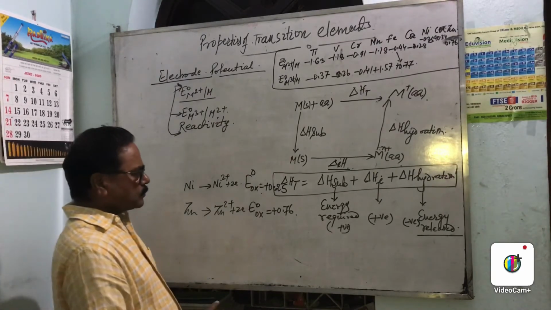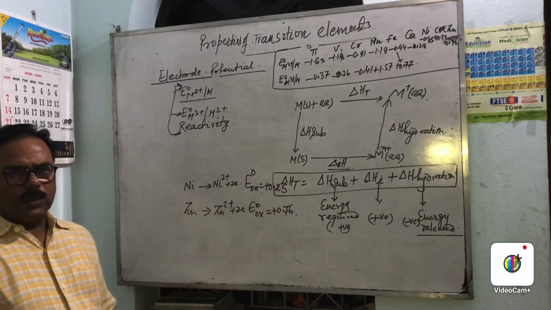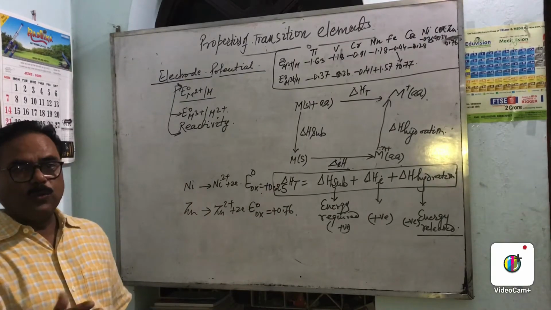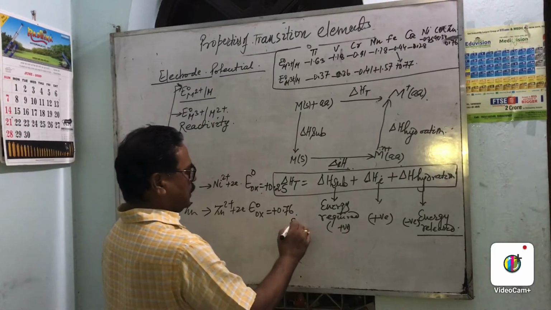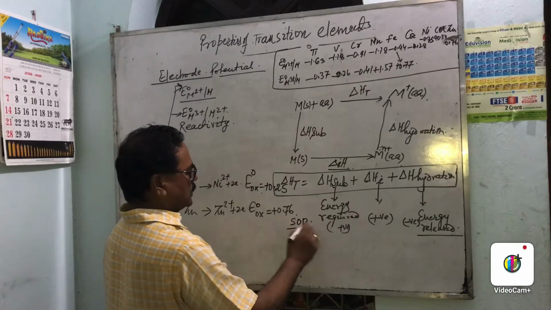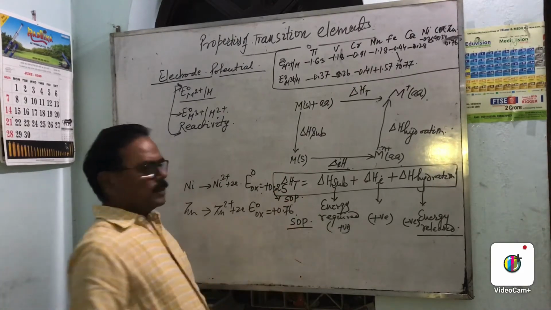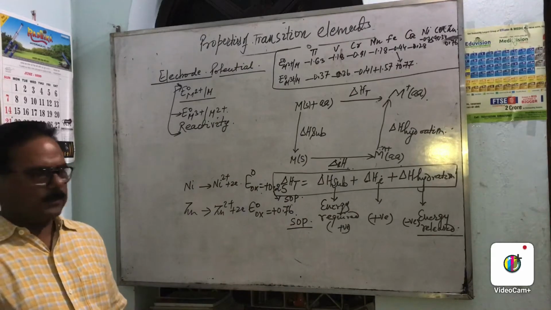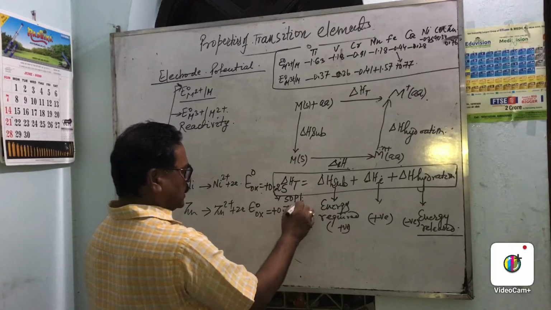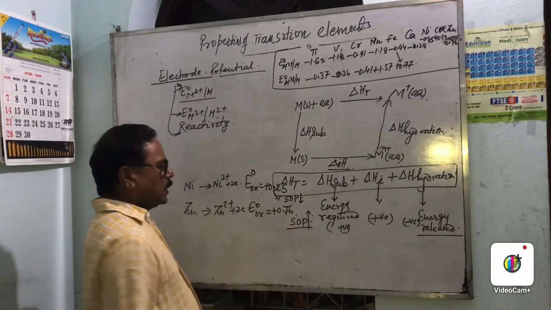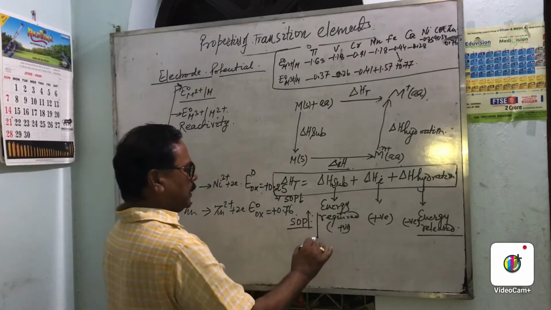So here what will happen? The higher the oxidation potential value, the more the tendency to lose electron. Here we consider SOP, the standard oxidation potential. Now the standard oxidation potential here is less and here is high.